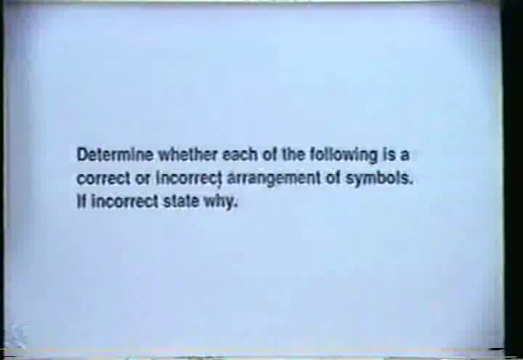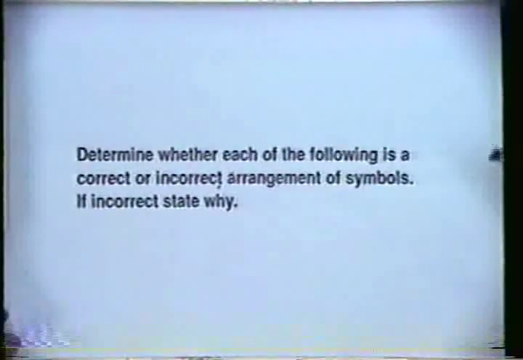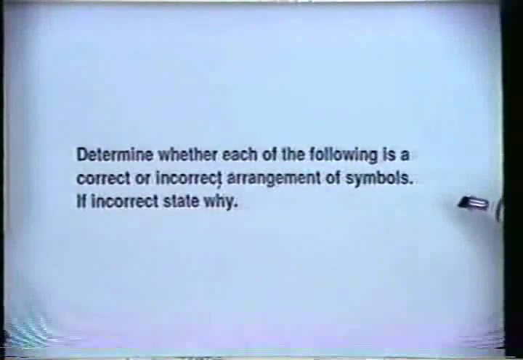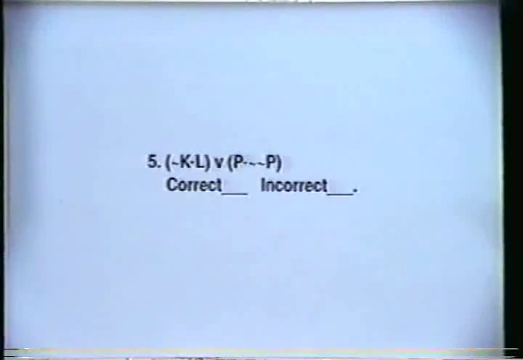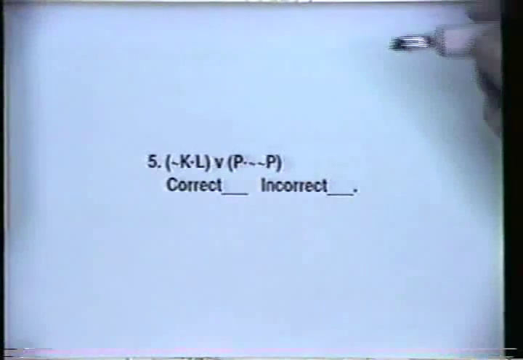All right, now we're going to do a couple of problems that require you to decide whether an arrangement of symbols is in effect grammatical or not. That is, whether you have a correct or a rule-accepted arrangement of symbols. And if we don't have such a grammatical arrangement, you have to state why. All right, let's look at this.